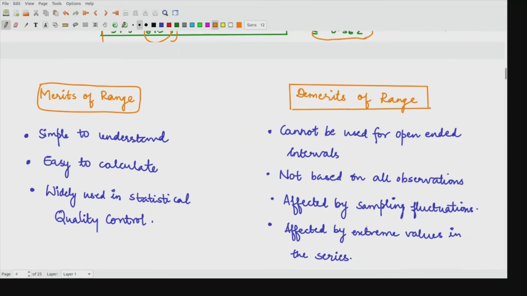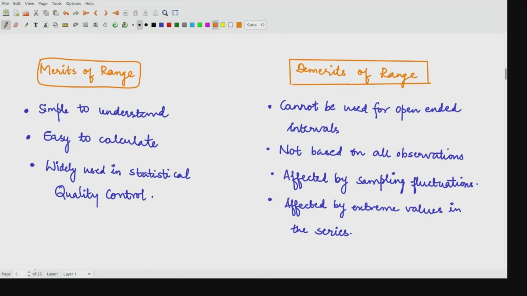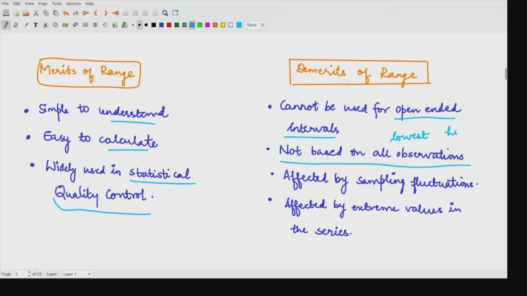So now let us see what are the merits and demerits of range. The merits are, it is very simple to understand, it is very easy to calculate the range, and it is widely used in statistical quality control. Whereas the demerits are that it cannot be used for open-ended intervals. It is not based on all the observations. Why? Because we only use the lowest and the highest values to calculate this range.